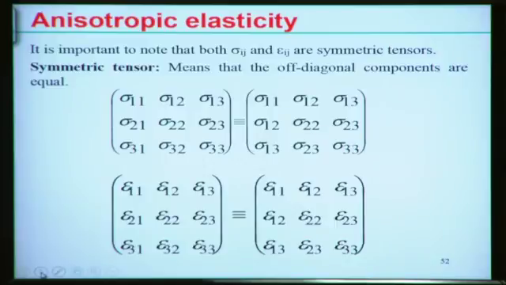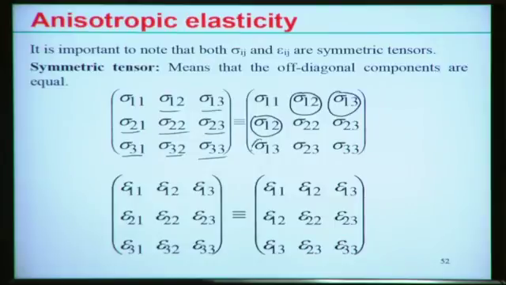Here, if we look into that symmetric tensor, we represent sigma 11, then sigma 12, sigma 13, sigma 21, sigma 22, sigma 23, sigma 31, sigma 32, and sigma 33. So in this case, it is having 9 components, but when it is a symmetric tensor, then this component and that component remain the same.